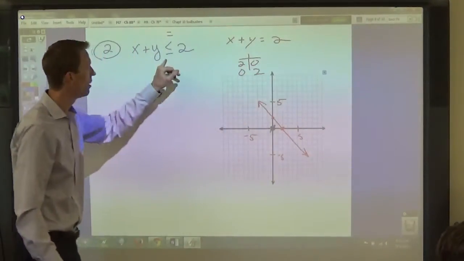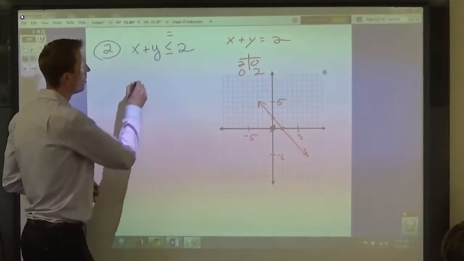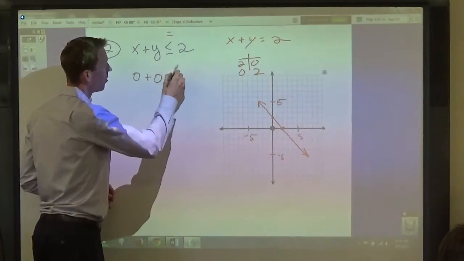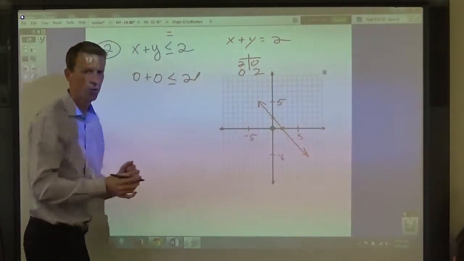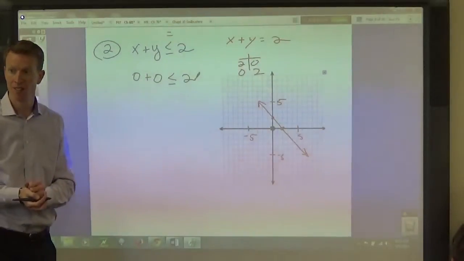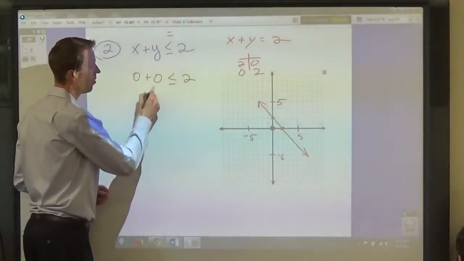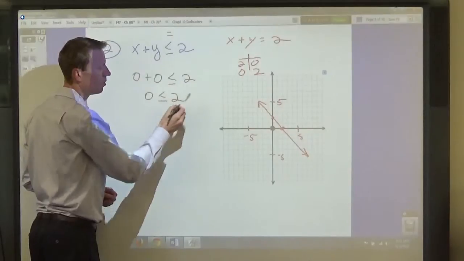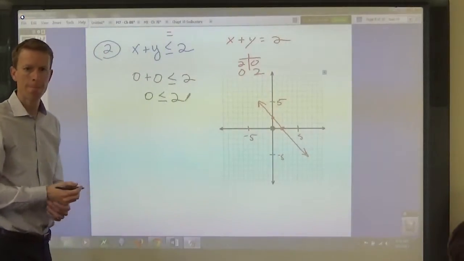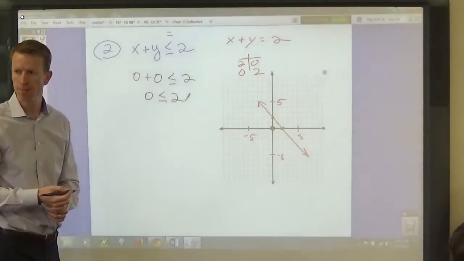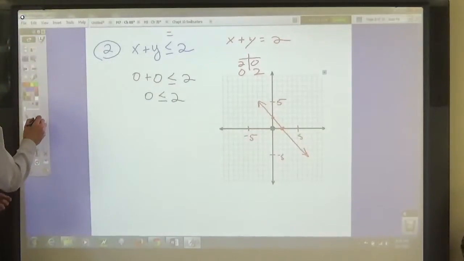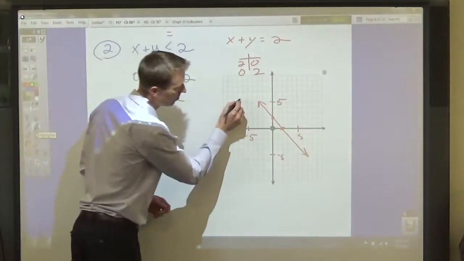We have to put it into the original equation. 0 plus 0 is less than or equal to 2. Is that true? 0 is less than or equal to 2. Yeah. So, shade that side.